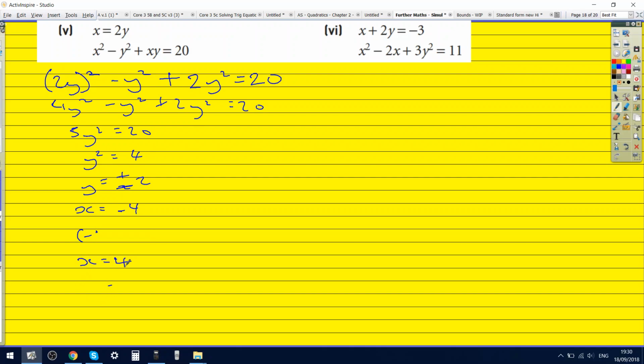The last set of coordinates would be 4, 2, both positive values here. Which comes first, x or y? X comes first. So it would be minus 4, minus 2, then 4, 2. Yeah, that's it. And I don't see the last question being any harder, to be honest.